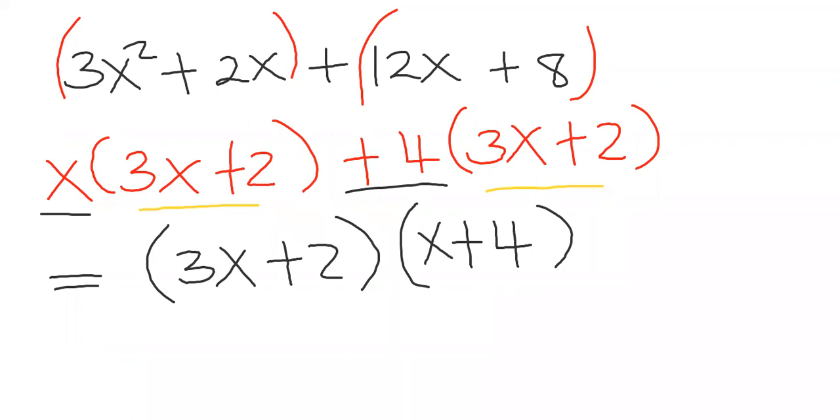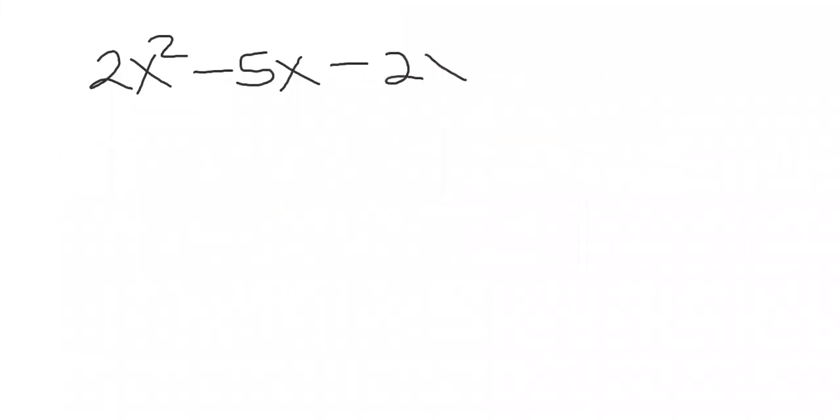I will also do another example. Now let's look at 2x squared minus 5x minus 2x plus 5. We do the same thing. We are factorizing by grouping.